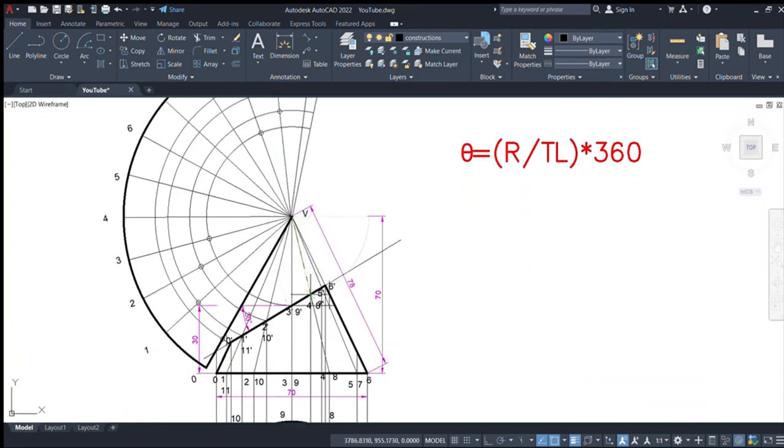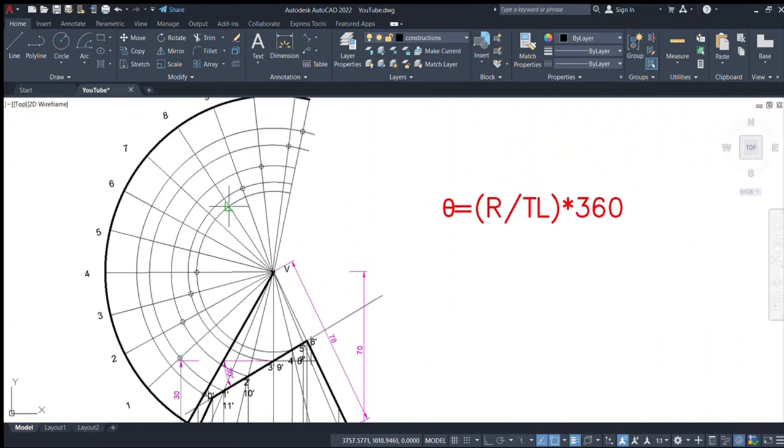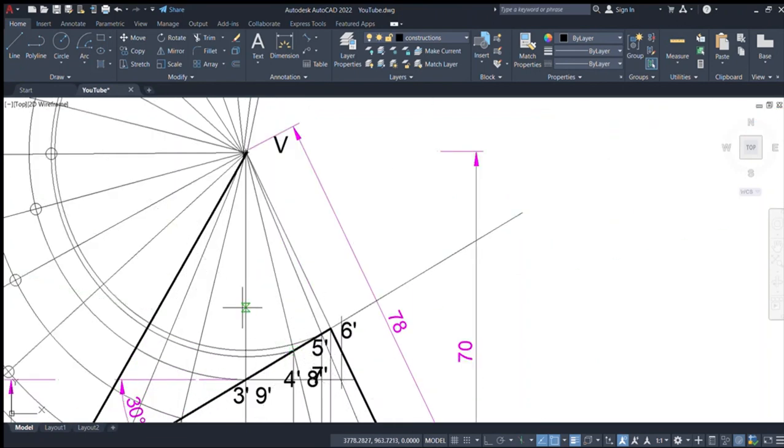So almost done. So 4, 8. So 4 and 5 seem to be very close.